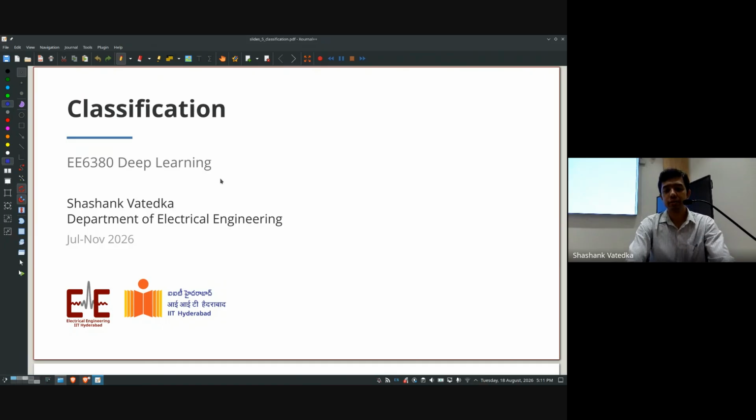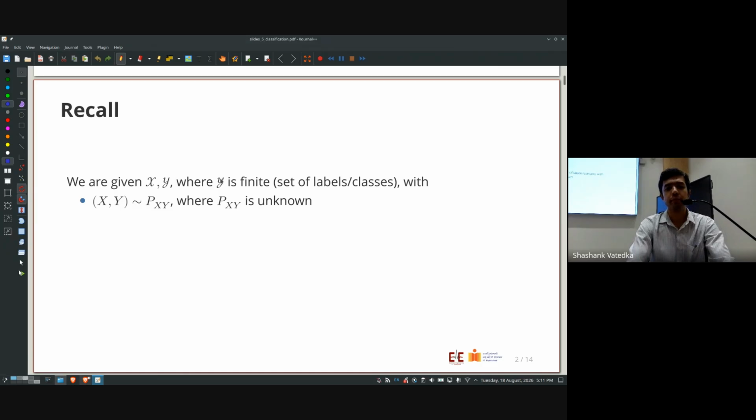So let's now spend a little bit of time on one specific supervised learning problem, which is classification, and see some of the other intricacies that arise within classification itself. Right? So just to recall, what was the classification problem? We're given a feature space X and a label space Y, where the number of labels or classes is assumed to be finite.